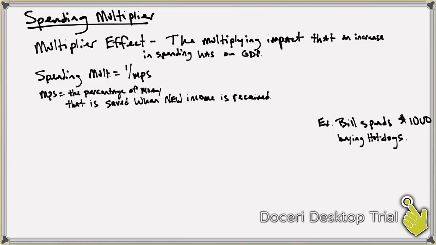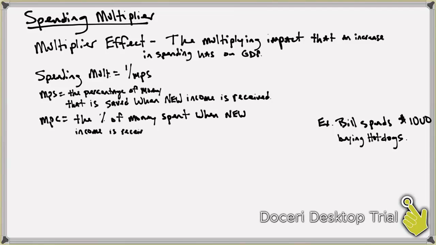And that is related to another term, which we call the MPC, and that equals the percentage of money spent when new income is received.